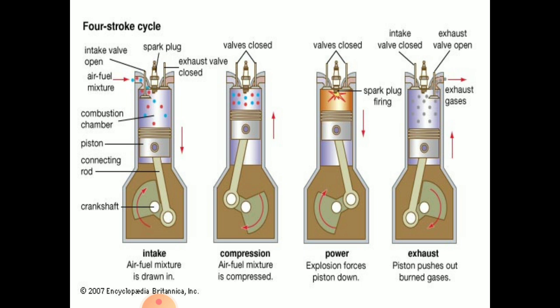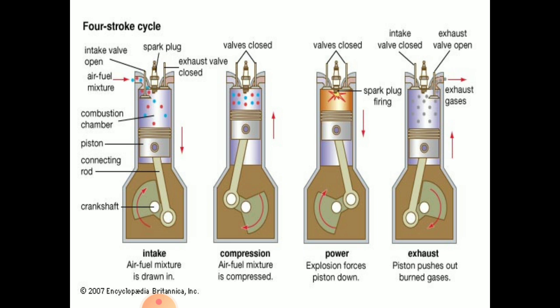Inlet valve is open, piston moving from top to bottom, and then during the second one, compression stroke, both valves remaining closed and piston is moving from bottom to top, and the temperature and pressure are increased during this stroke.